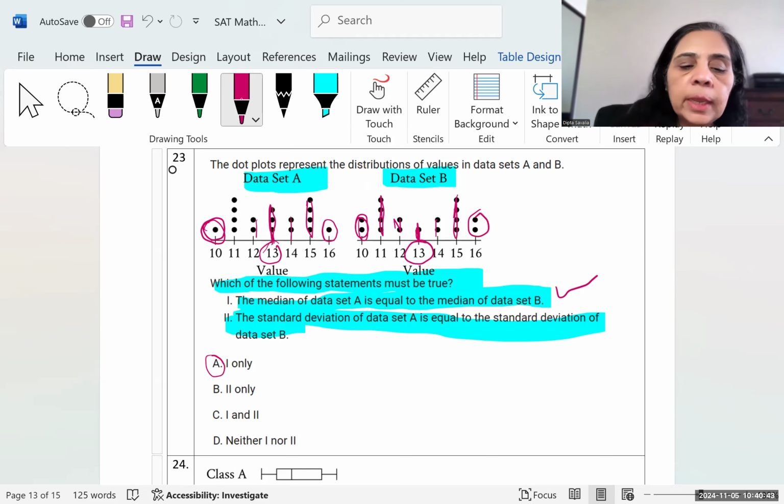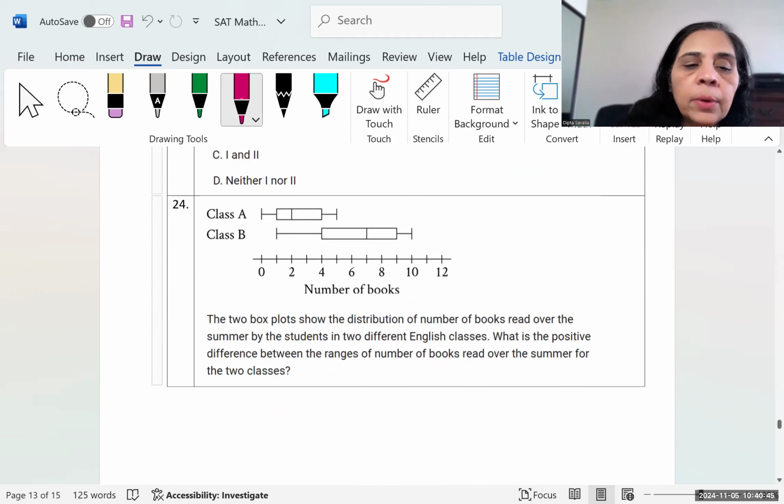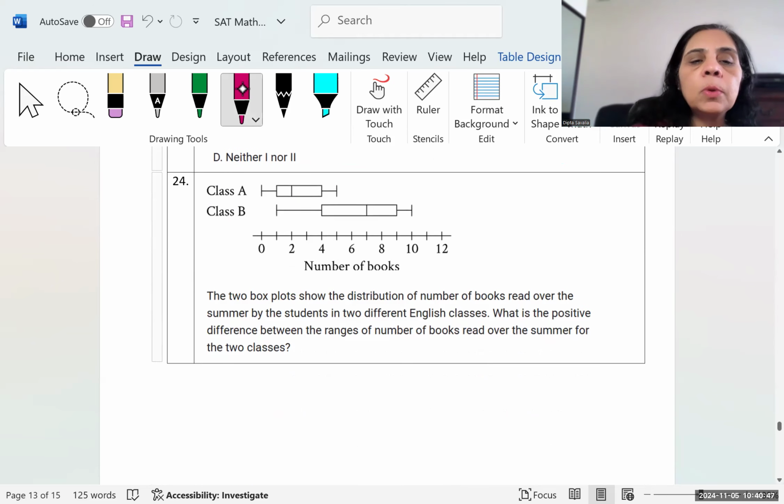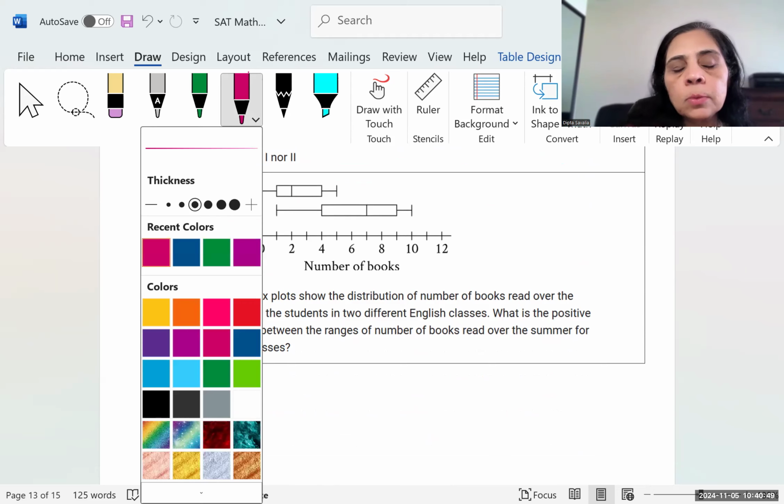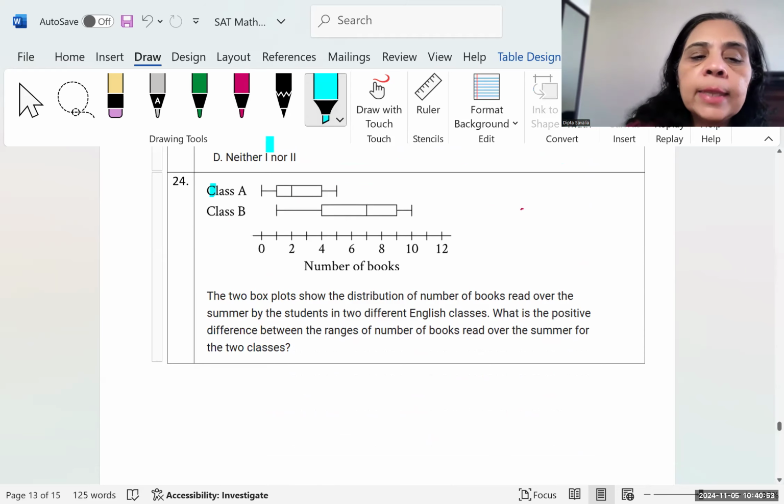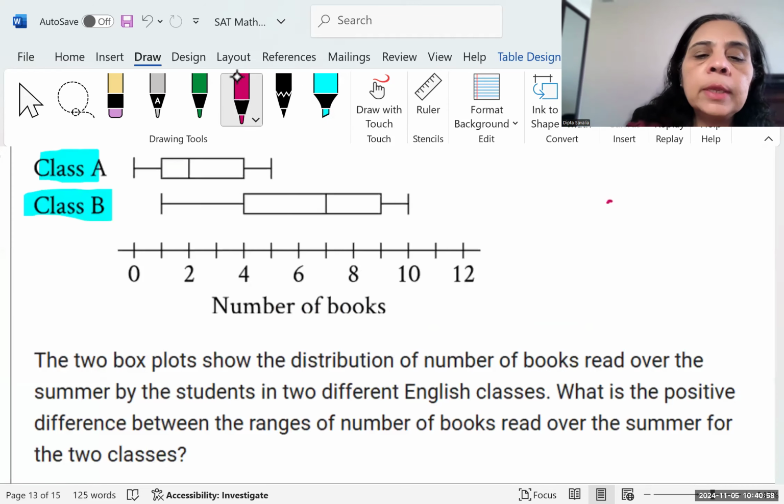So the answer is choice A. All right, number 14, we have a box and whisker plot. We have class A and class B. We all know how to read this, right?